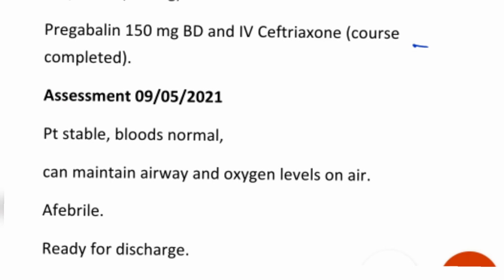Now, assessment today says the patient is stable, bloods normal, can maintain airway and oxygen levels on air, afebrile, ready for discharge. Some students have forgotten to explain this part. I think most of them did. You have said the management that is done and went straight to the discharge plan. But the GP should know the level of progress that the patient has made in the hospital, and should also know the current status of the patient's health.